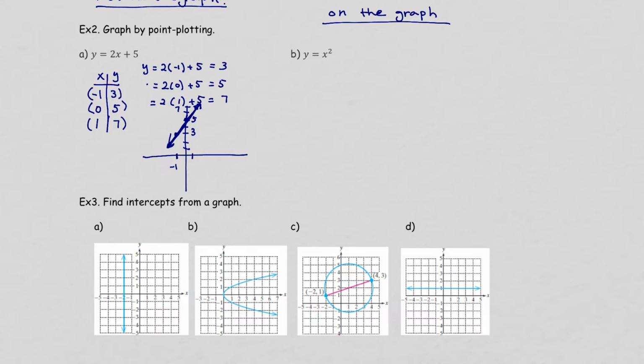When we're looking at the next example, this is a parabola. This is quadratic. Quadratic always gives you a parabola, either going up or going down. If you understand what shape you're going to get, then it's easier to know how many points you need to plug in.